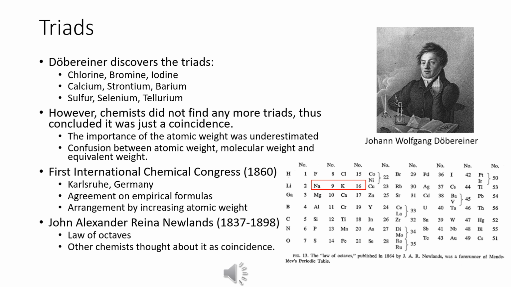Around 140 chemists attended, mainly the most influential chemists in Europe at the time. After the conference, there was an agreement on these two aspects that could help the communication of chemistry between Europe and the world interested in these fields.